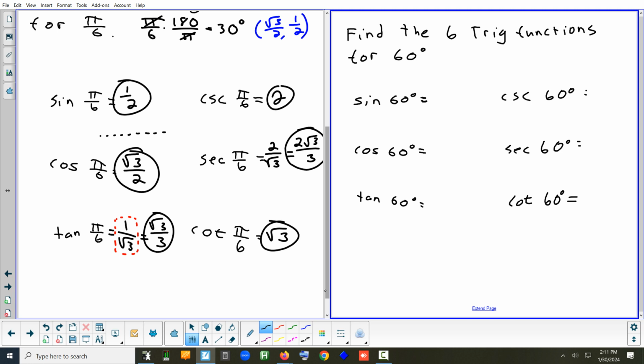Now, I'm not sure if I mentioned it, but when you put co in front of a trig function, like when you say sine and then you say cosine, the co stands for complement. So cosine really means the complement of the sine. When you talk about complementary angles, those are angles that add up to what? 90, yes.